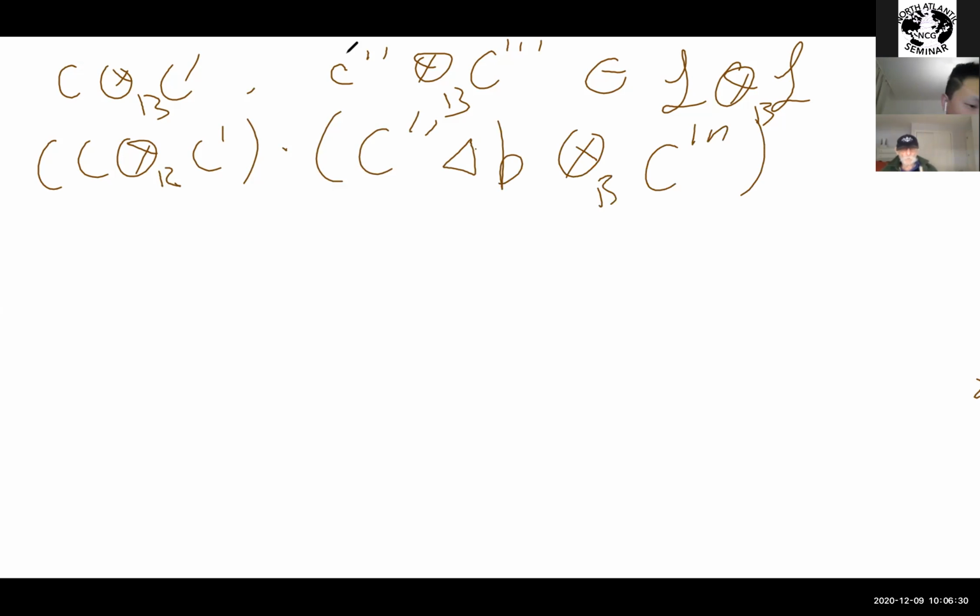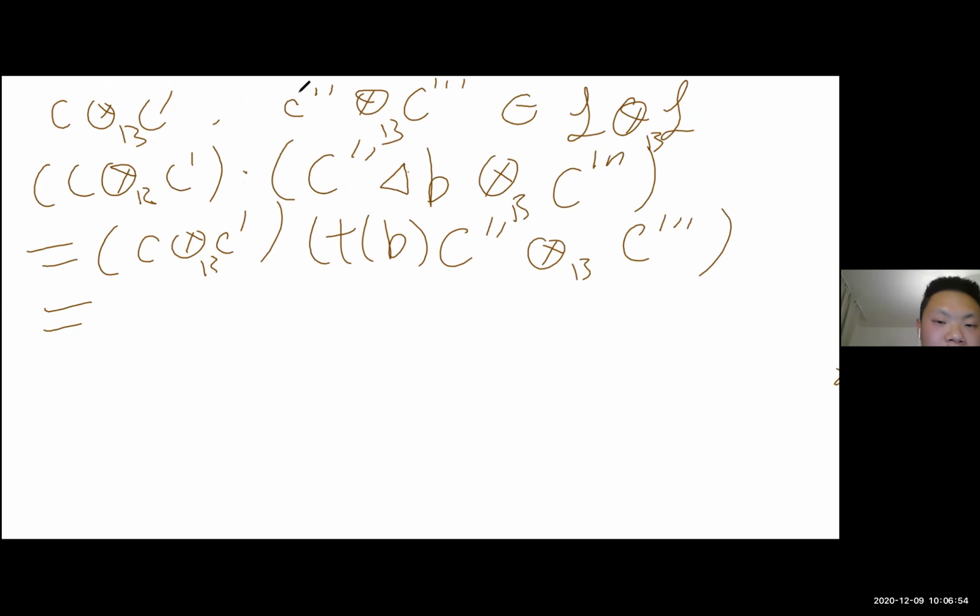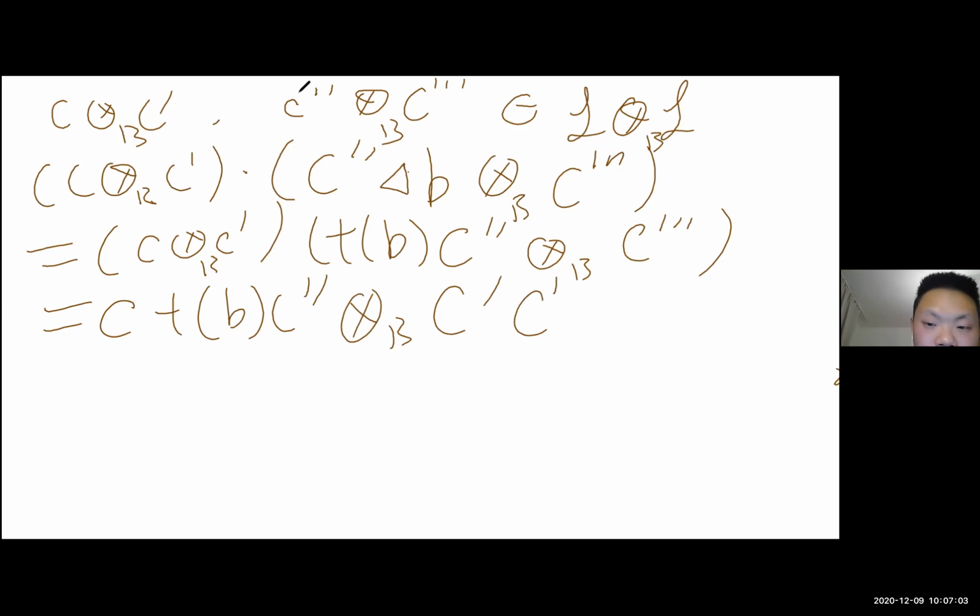Okay, so this is equal to C tensor C prime over B times TB times C double prime tensor C triple prime. Then by the multiplication factor-wise, we can say this is equal to C TB C double prime tensor C prime C triple prime.